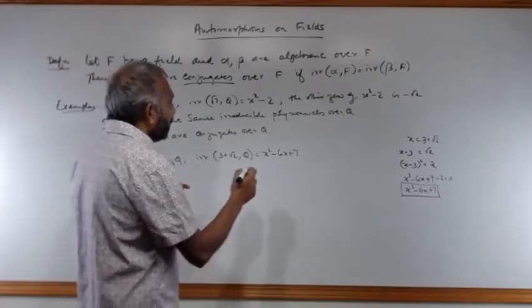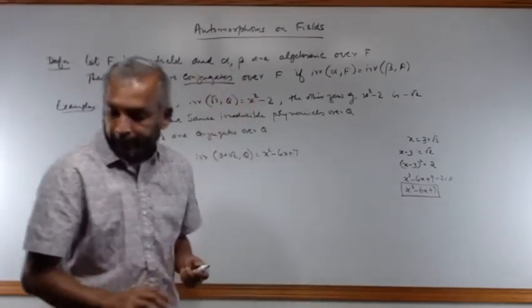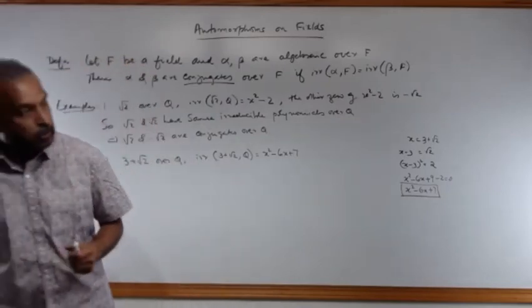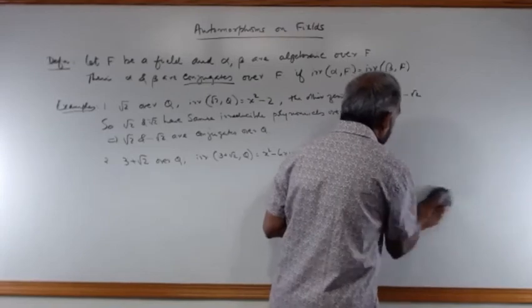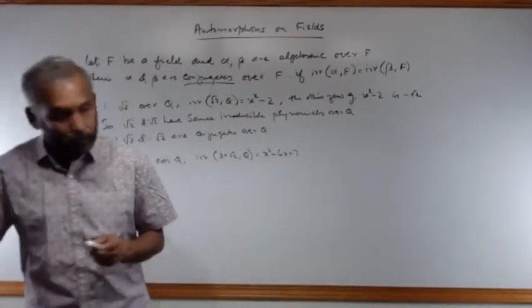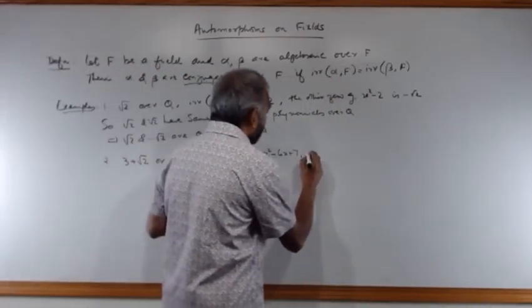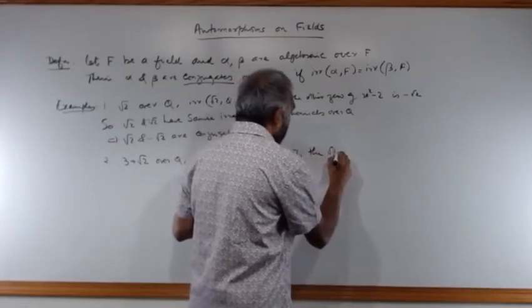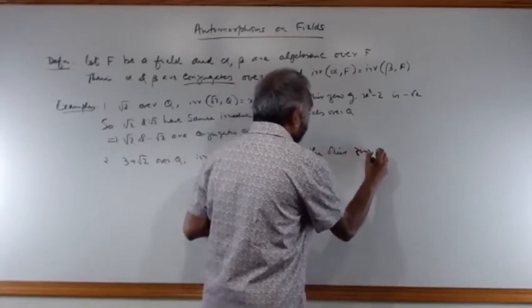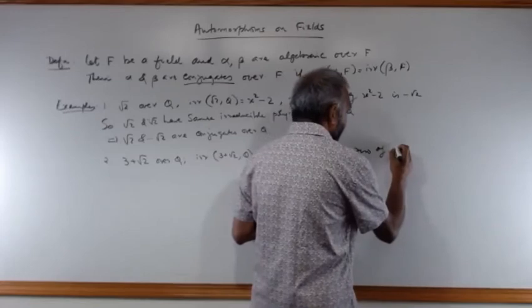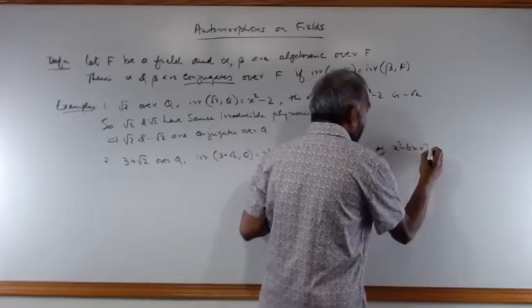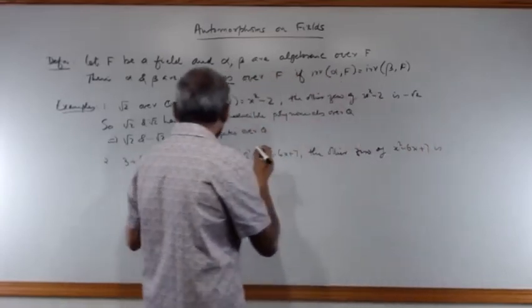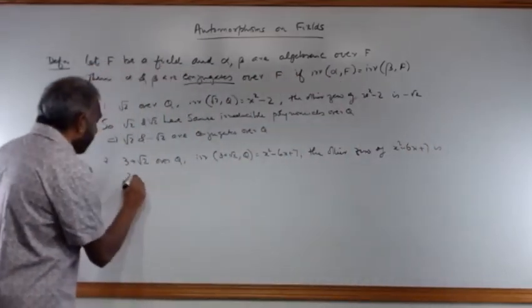So the other root, the other zero of x square minus 6x plus 7, is what? It's going to be 3 minus root 2.